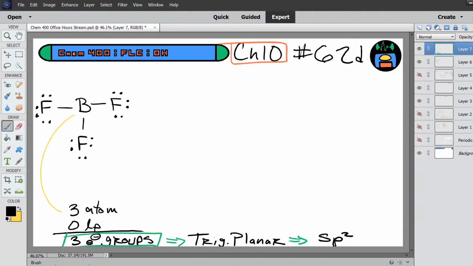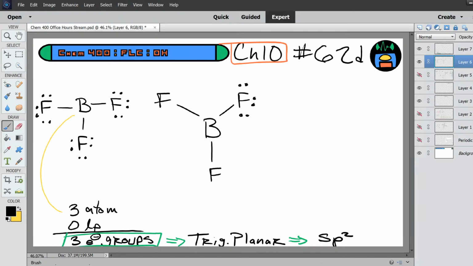All right, trigonal planar sp2 hybridized. All of our bonds are going to be in the plane of the board, so everything's going to be 120 degrees apart.